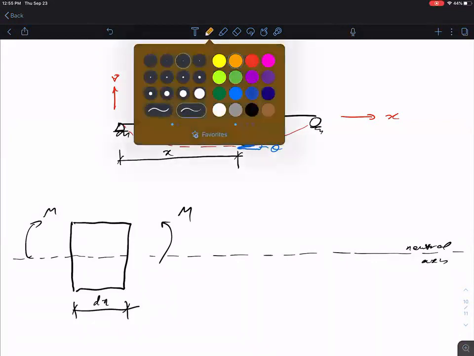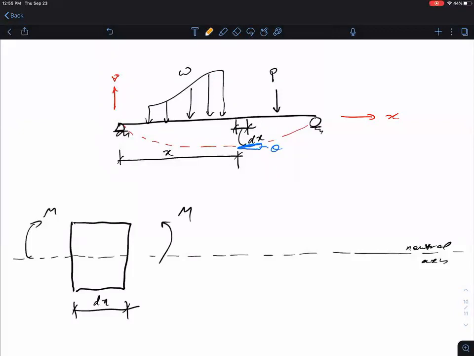And let's also consider a part of the cross section that's located at a distance y from the neutral axis. And we'll call this particular part ds.